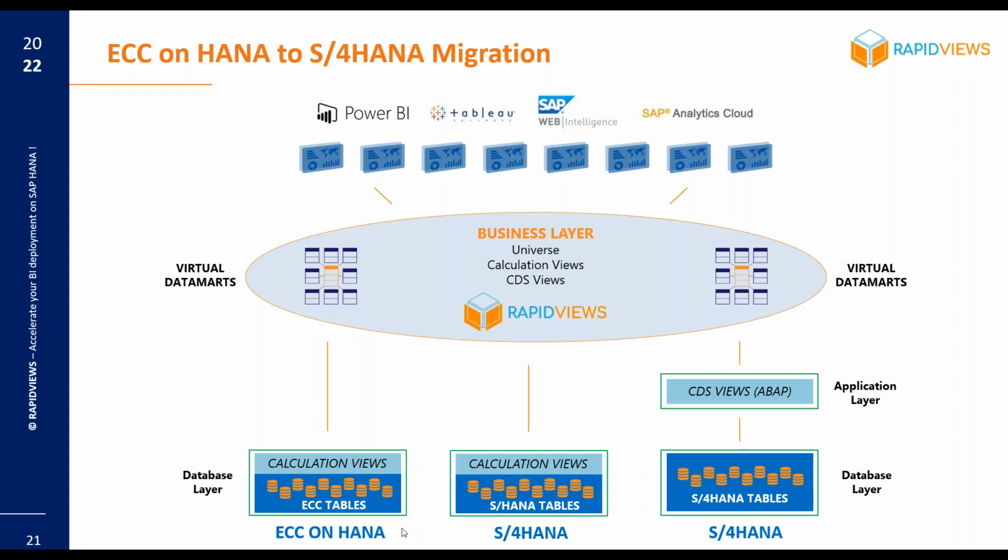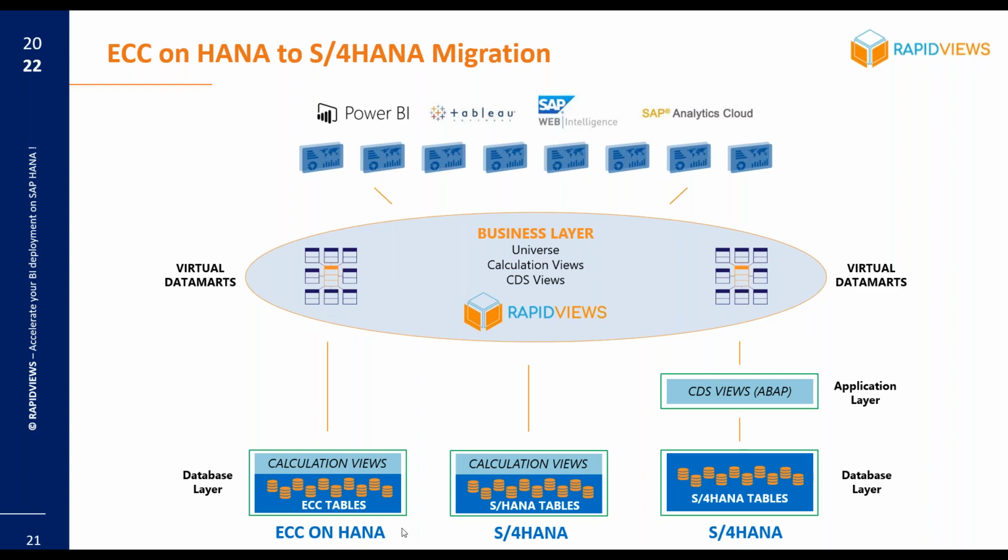In this case, it's mostly a migration phase with the consulting team to migrate views in S4HANA, but after that, your BI reporting tool with the library of reports can just be replugged on the S4HANA connection, and the reports on the Rapidviews can be reused on S4HANA.